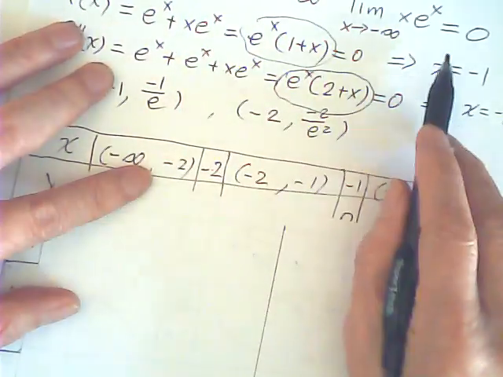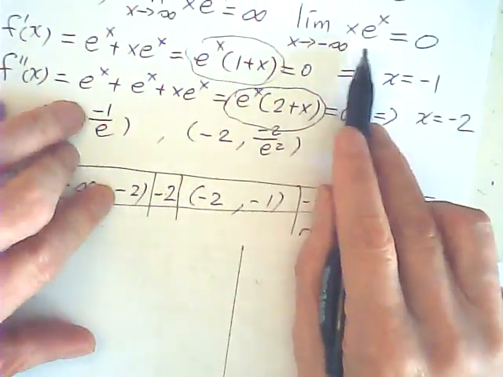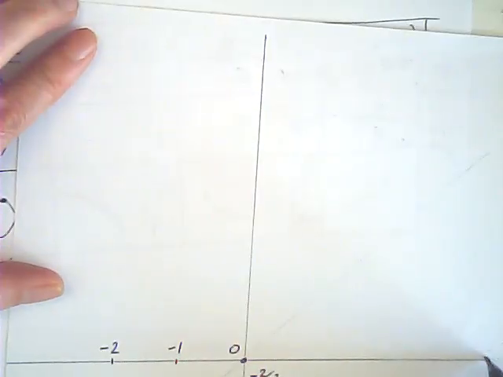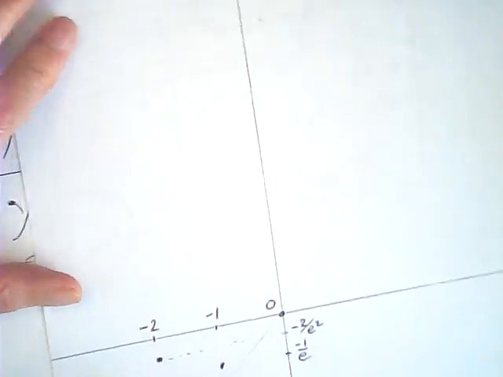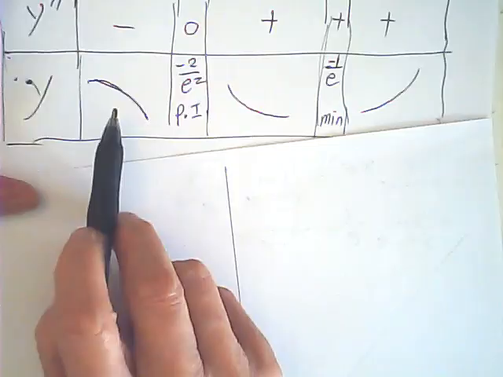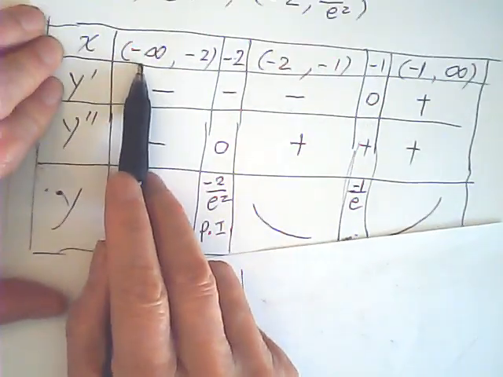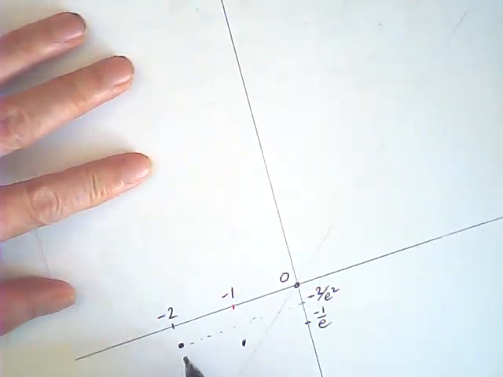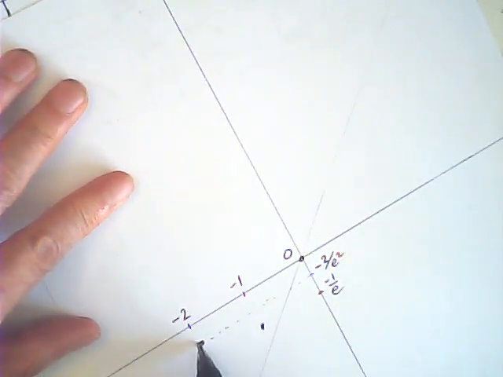X approaches 0 when x approaches negative infinity. Obviously, the x-axis is my asymptote. The shape is this. From negative infinity to this point is this shape. So that's the point.